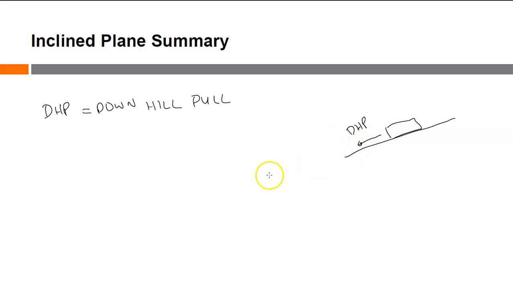The DHP is always going to be mg sine theta, where theta is the angle of inclination, this angle right here. That's the part that we really need for today. Just go ahead and draw that arrow every time you see something on a hill. That's got to be there.